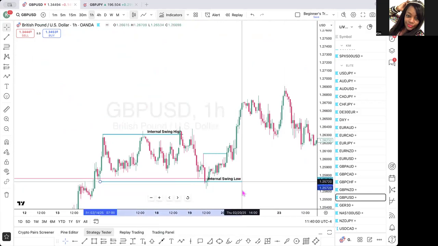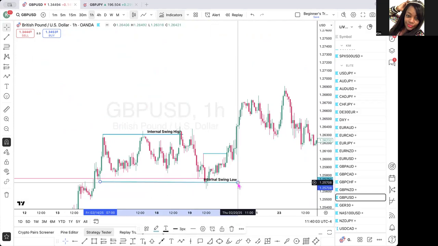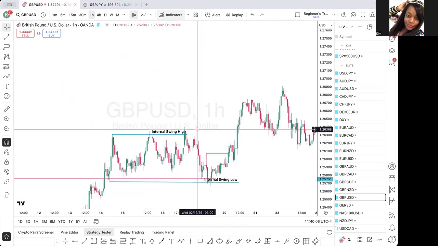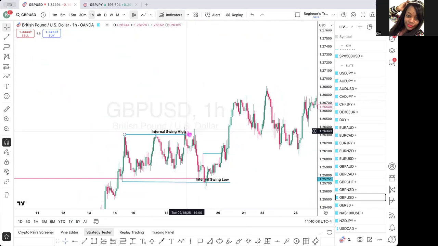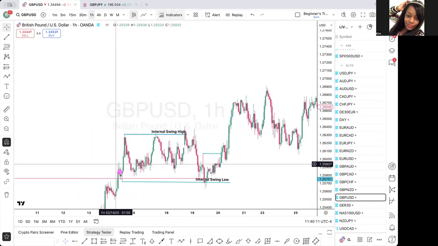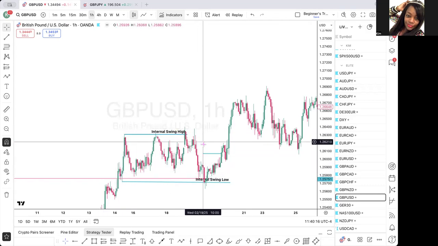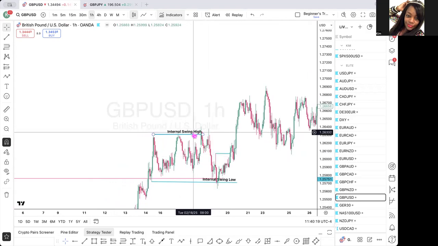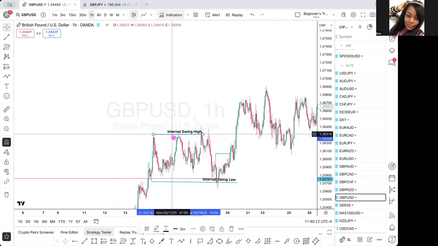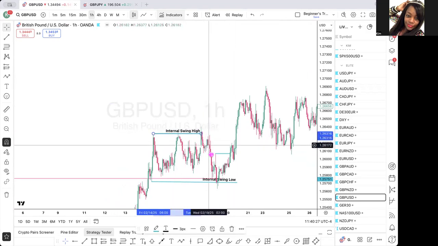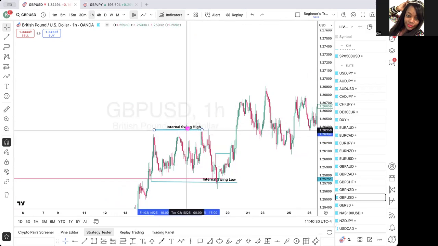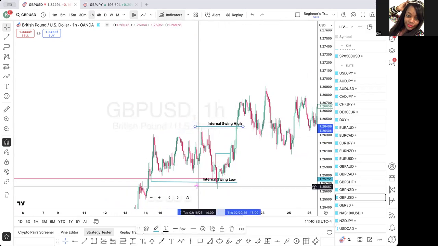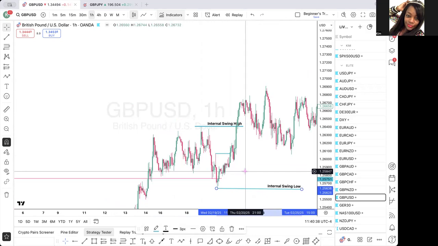All right. So once price broke this structure and then pulled back, we know this is our last internal structure. And then price turned around and broke this high right here, pulled back, and then broke the high here. And then this would have been your internal swing low.